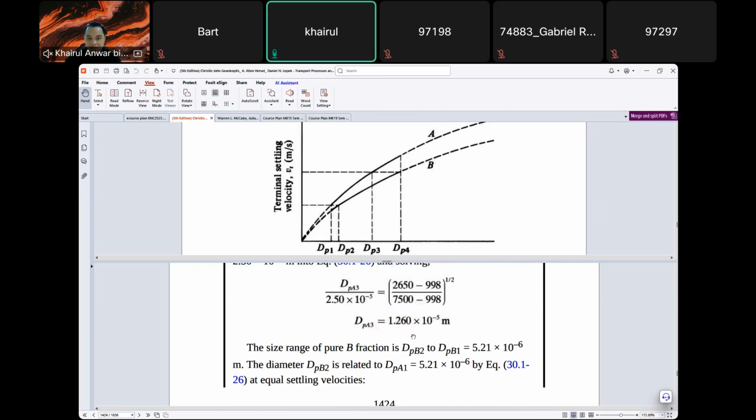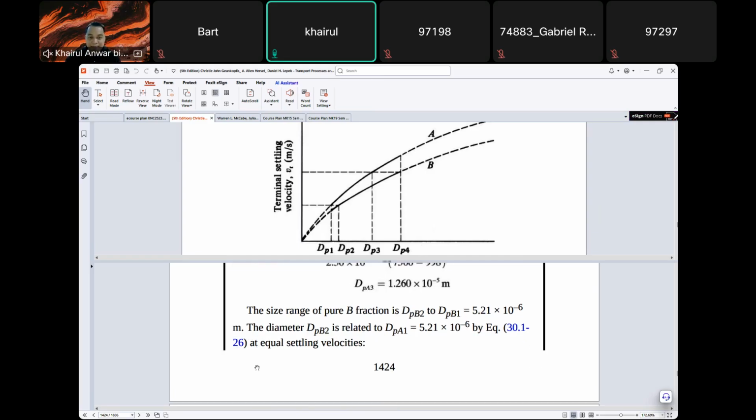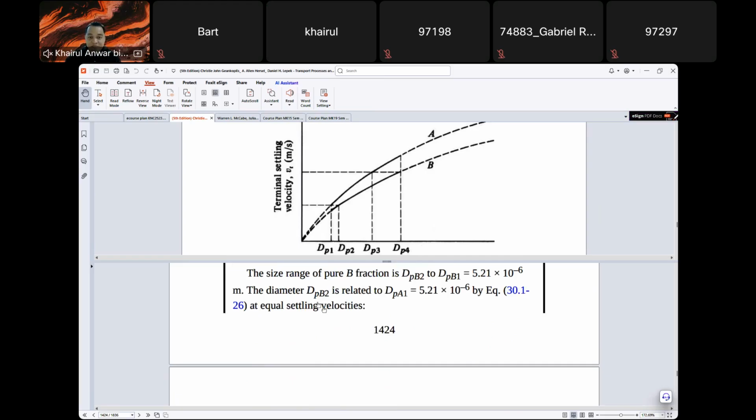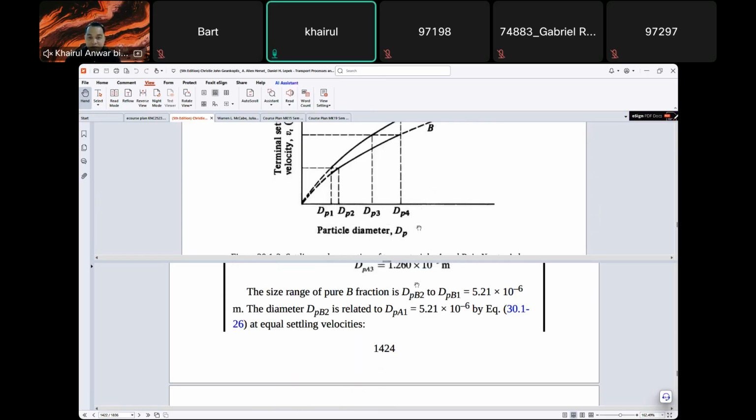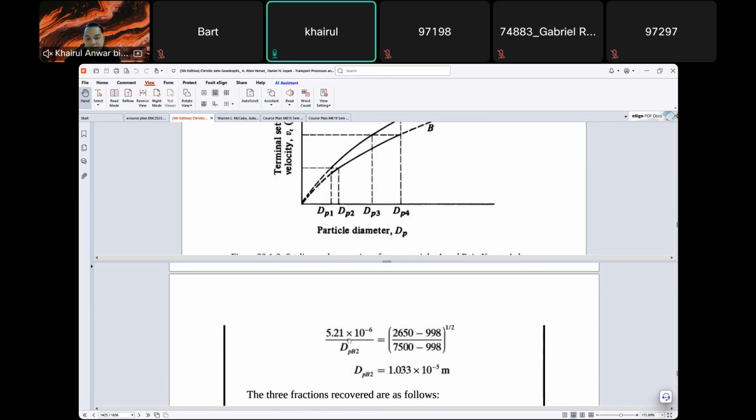Sorry, silica. The diameter dpb2 is related to dpa1 equal to this value by equation 30.1-26. Then we obtain dpb2.